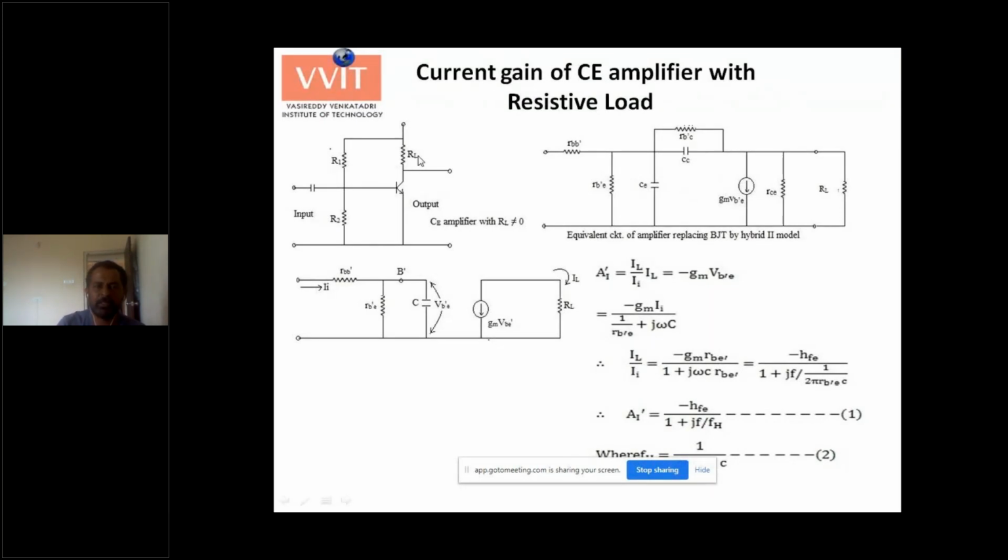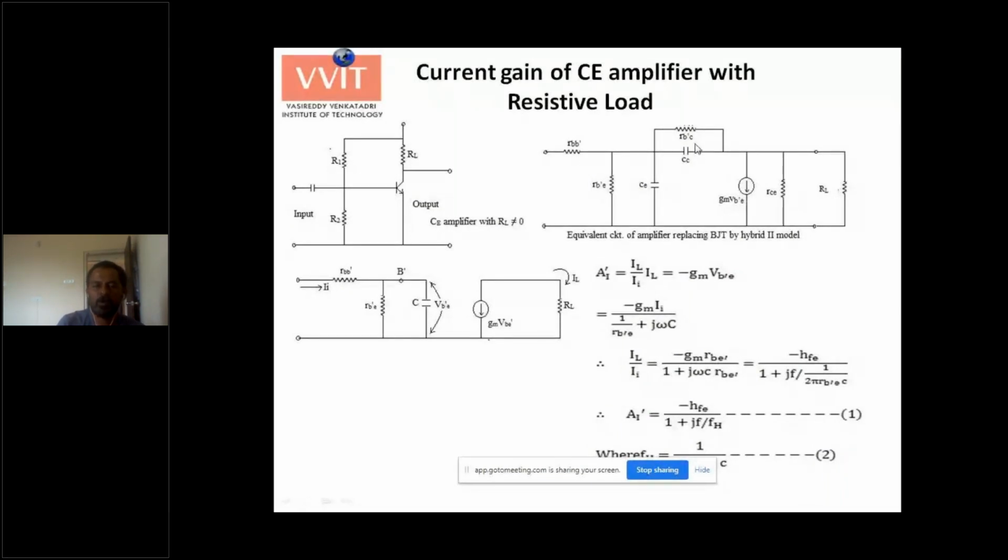R1 and R2 are biasing resistors. In the hybrid pi model, we have not included R1 and R2. You know what to do if we have R1 and R2. Then this is the hybrid pi model with load in place.